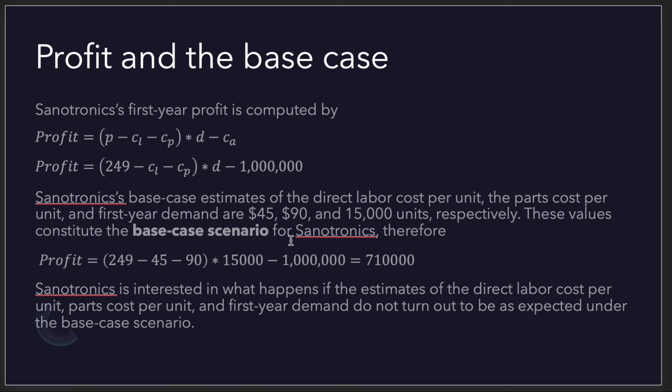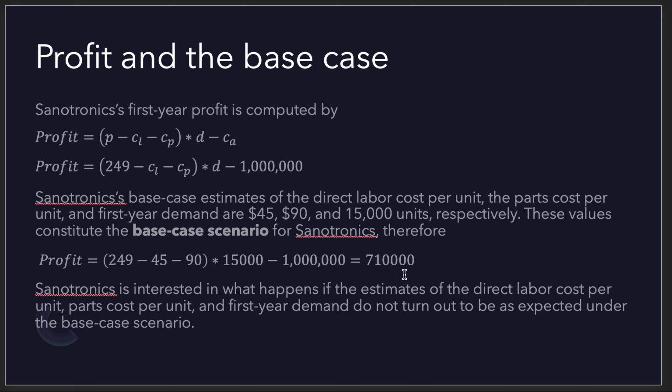This is the scenario where you assume specific values for parameters that are usually uncertain. In this case, we are assuming that labor cost is about $45, parts costs are $90, and demand is going to be 15,000 units. This is the base case. For the base case, our profit will be $710,000.